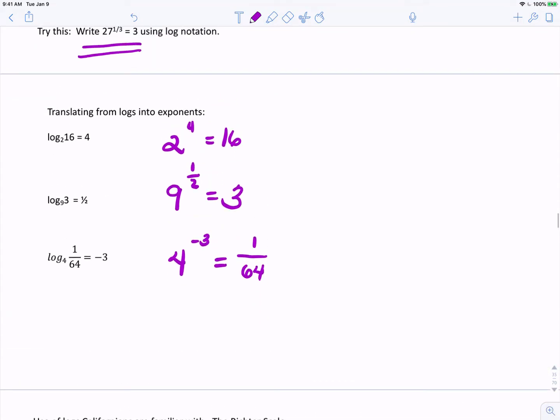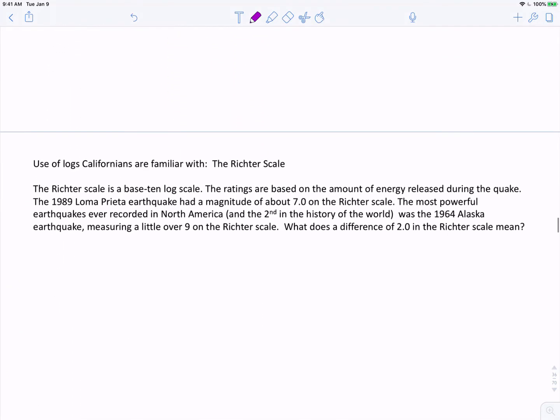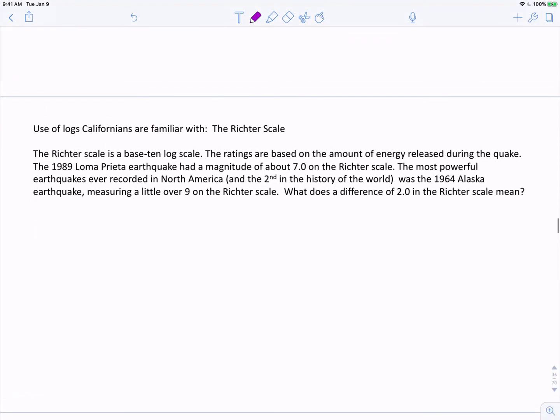Now you might wonder, why do we practice going back and forth between log and exponent notation? Because that's how we're eventually going to be able to use logs to solve an exponential equation. So one use of logs that we in California are pretty familiar with, although we may not have thought about it this way, is with our Richter scale.